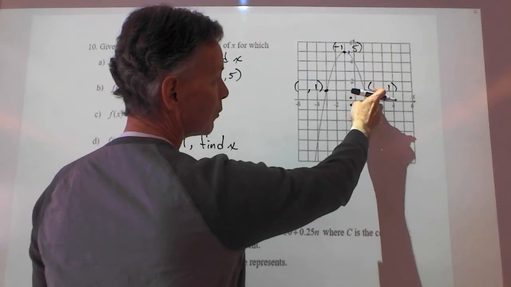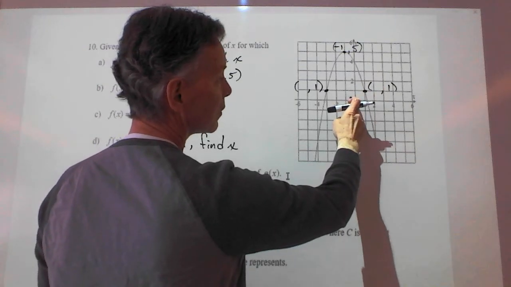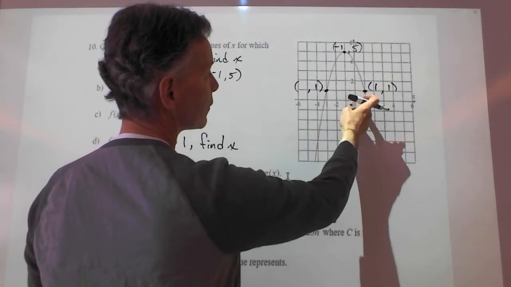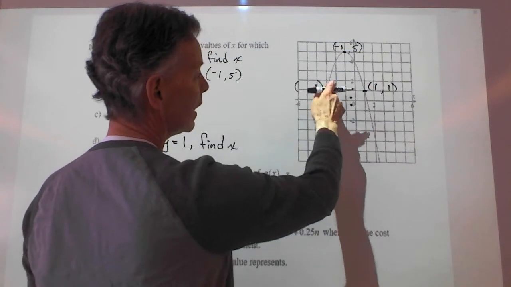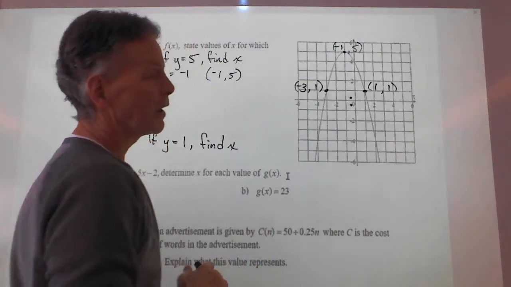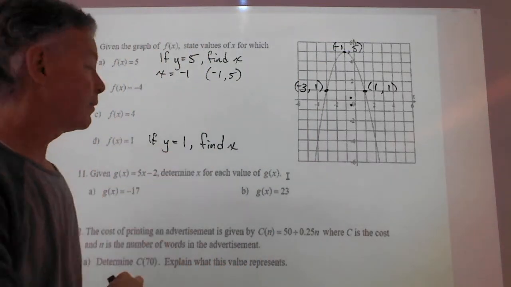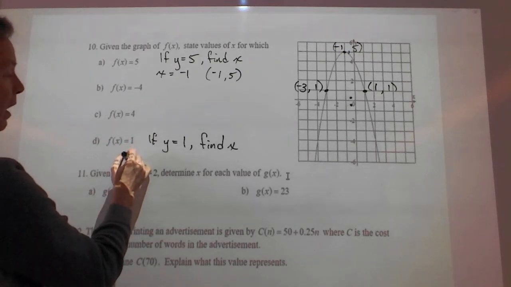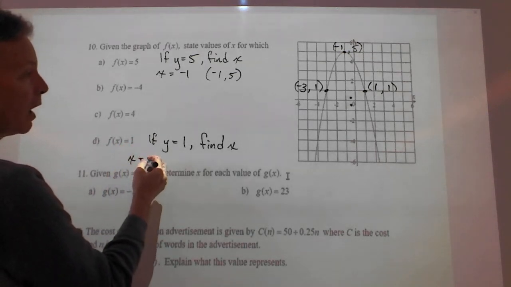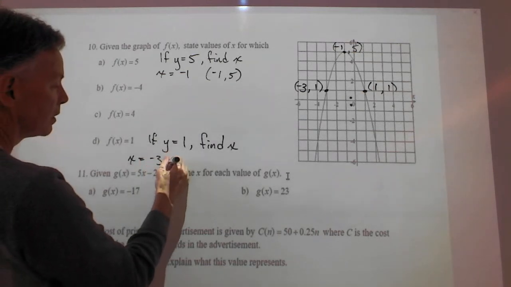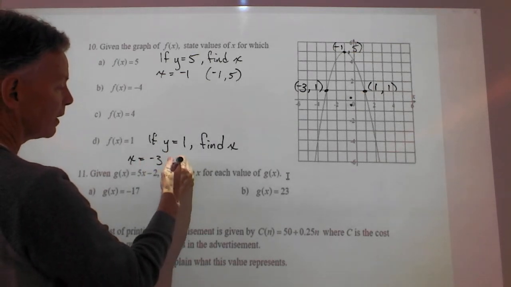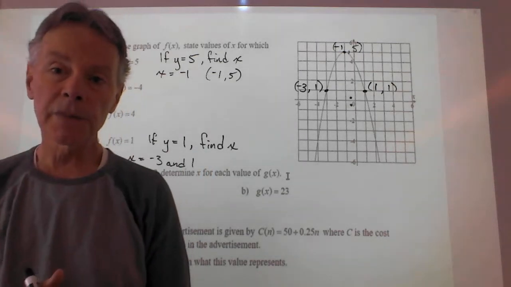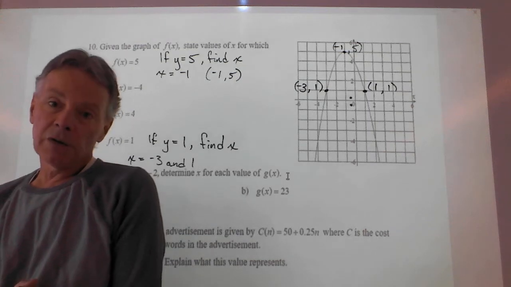The value of x for this one is 1 to the right, or positive 1. And the value of x for this one is 3 to the left, or negative 3. So 2 right answers. So for this one, you would have x equals either negative 3 or positive 1.